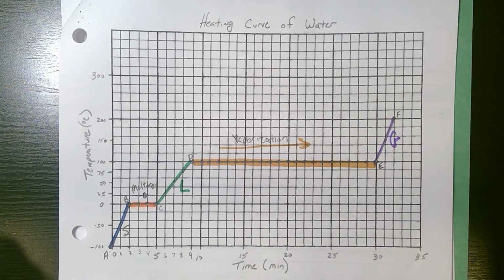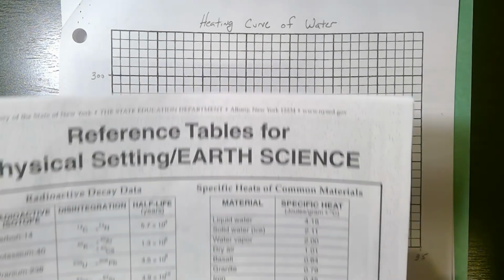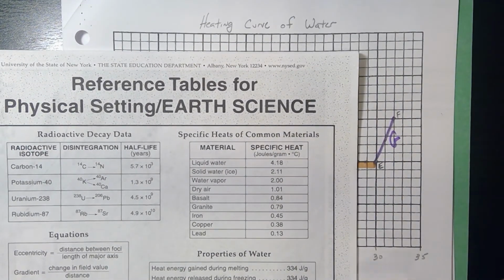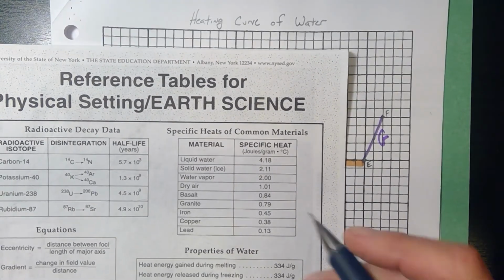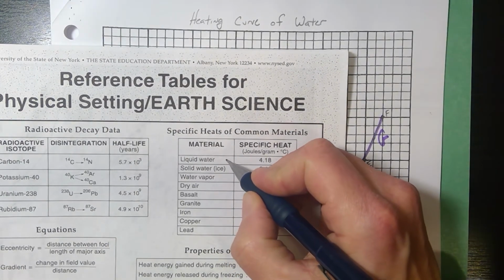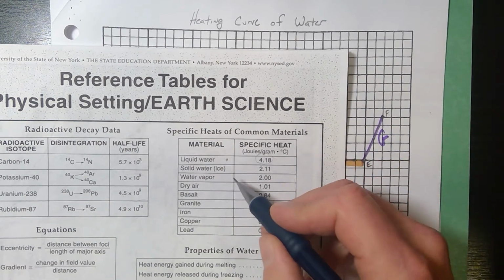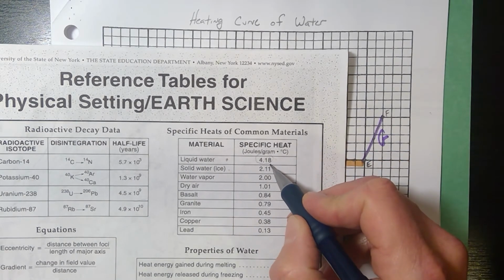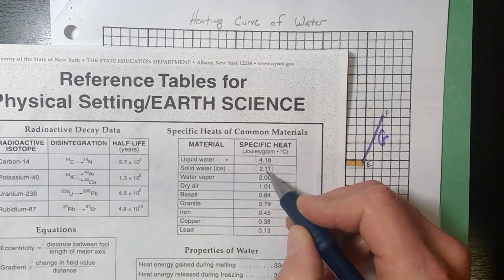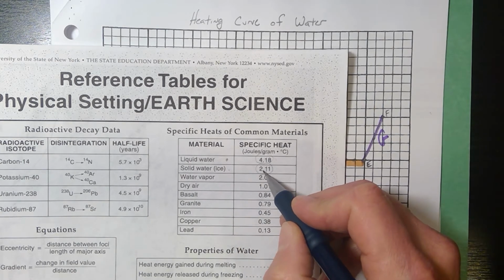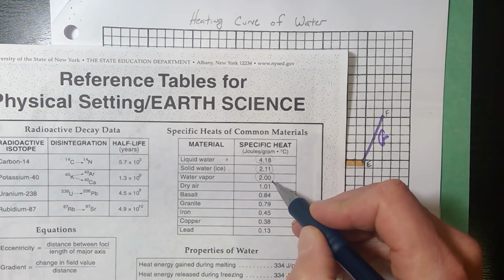This is a change that's caused by the specific heat of the material. So when we look at the reference tables, we're heating water as a liquid, which has a specific heat of 4.18. We're heating it as ice, which has a specific heat of 2.11, and we're heating it as water vapor, which is 2.00.